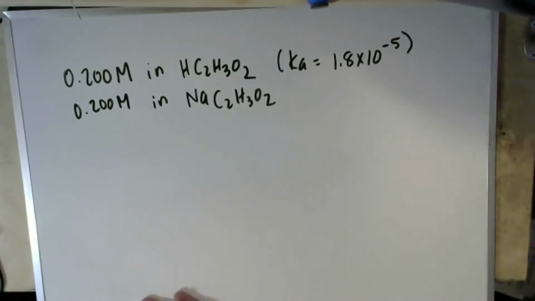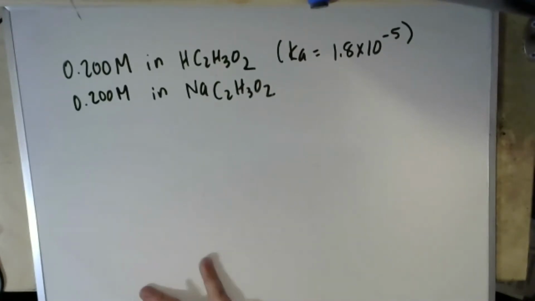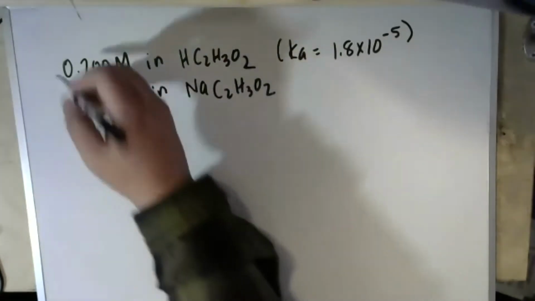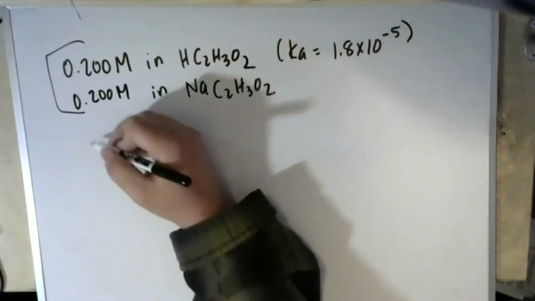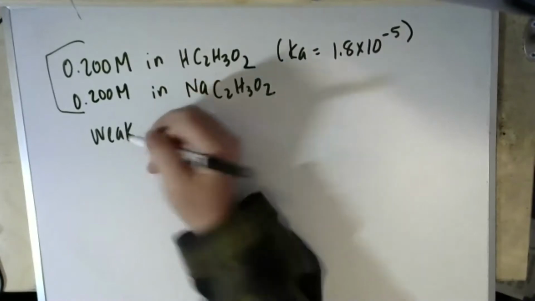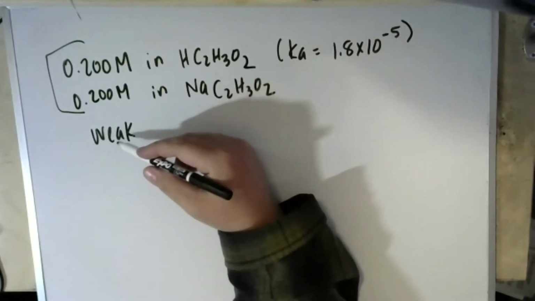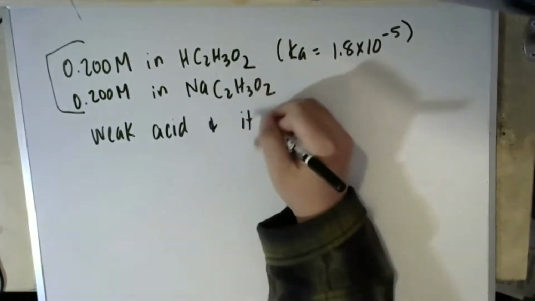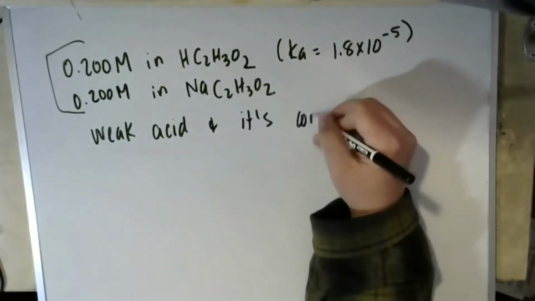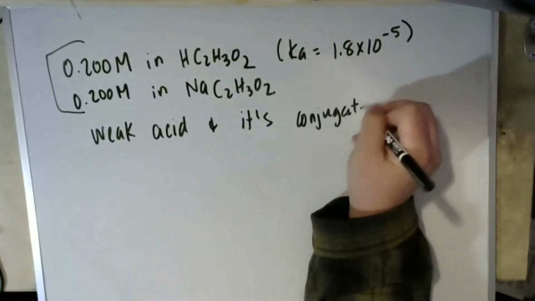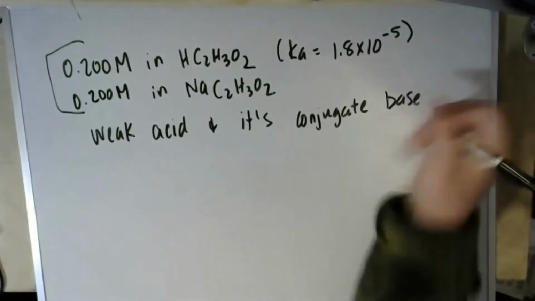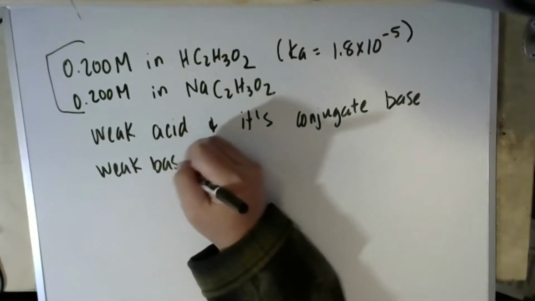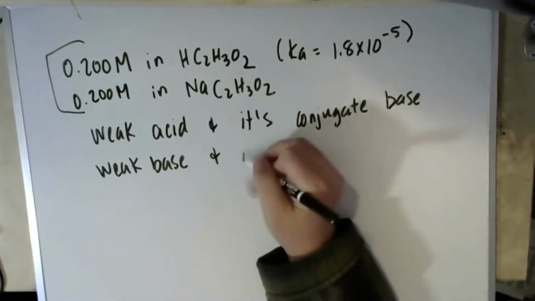Okay, so the first thing you have to be aware of is the fact that when we're talking about buffers, we're talking about either a solution that's made up of a weak acid and its conjugate base, or vice versa, a weak base and its conjugate acid.